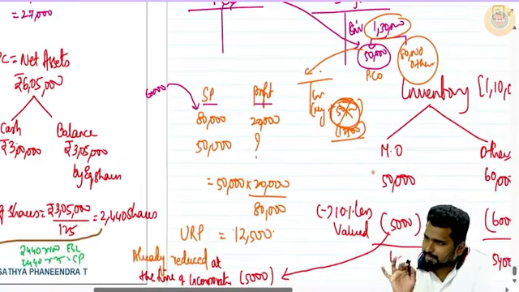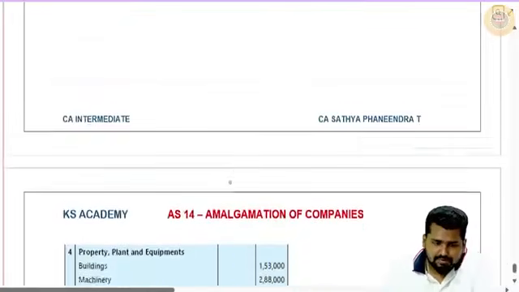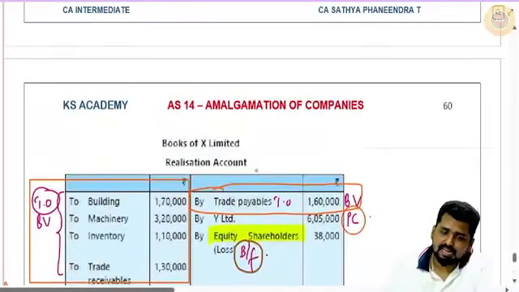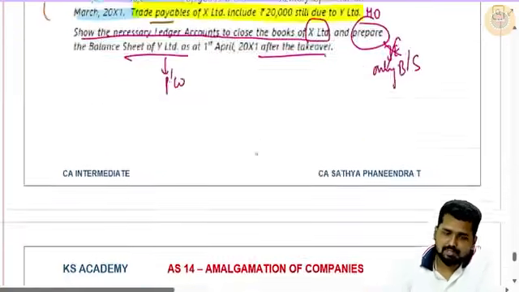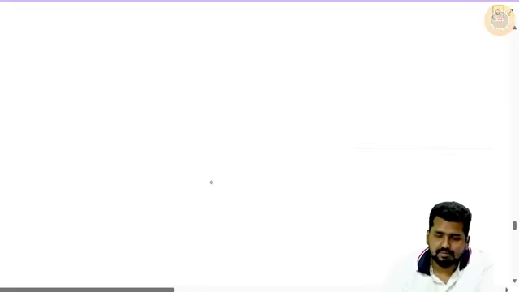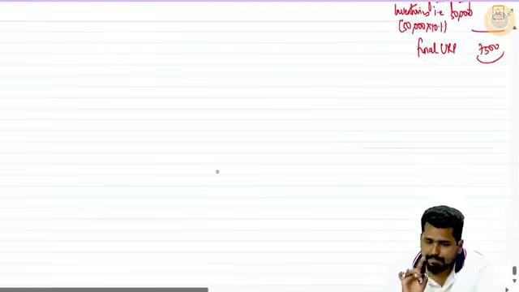Generally you have to subtract 12,500, but what we have done is we have taken all the inventories at 10% less at the time of incorporating in our books. Listen to me, important point.